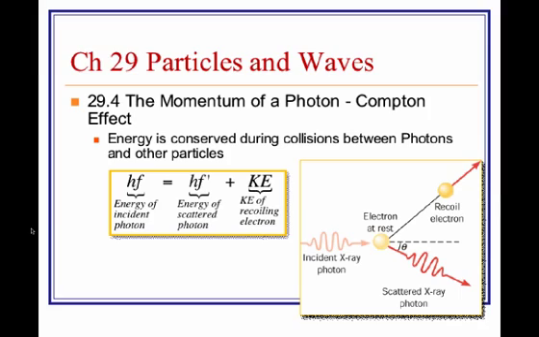Coming back to the Compton scattering effect, we have an incident photon of high energy, X-ray or higher, that scatters off an electron. The photon also recoils at some angle, though we're not going to look so much at the angle, but more at the conservation of energy here, where the energy of the incident photon is equal to the total energy of the scattered photon plus the energy of the recoiling electron.